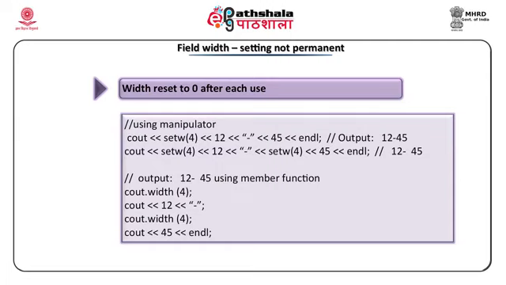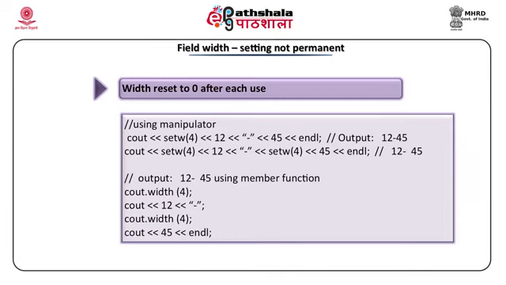Now, after that the width is reset to 0 again, and therefore the dash will be displayed using just a single character as per the requirement, and 45 will also be displayed using the required width, that is only 2 positions, and therefore our output will be space 1 2 dash 4 5.